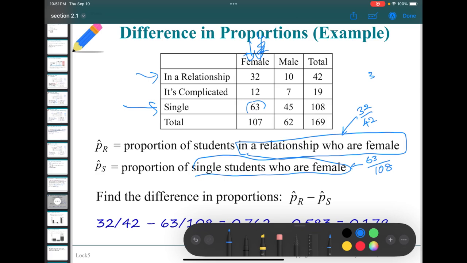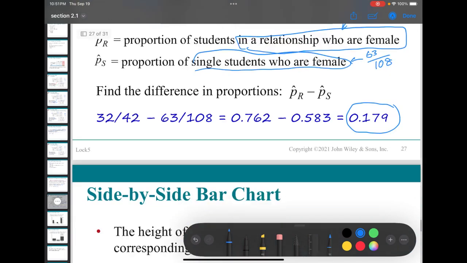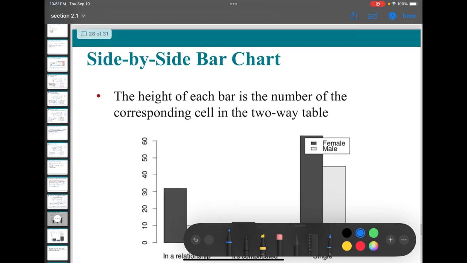If you need to find the difference, you can simply take P hat R minus P hat S. These are the numbers, and you will get a positive number again. That means the proportion of students in a relationship who are female is greater than the proportion of single students who are female.